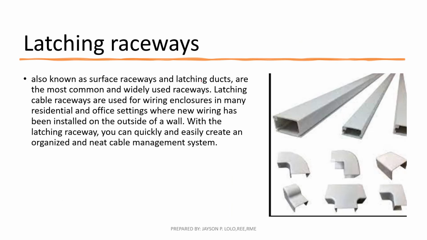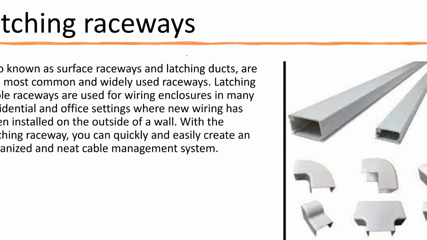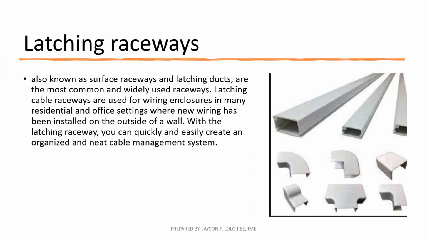Now, there are different types of tubing or cable raceways. Number one is the latching raceway, used in applications where there is late wiring or late installation of any devices, to avoid any disruption of your design.